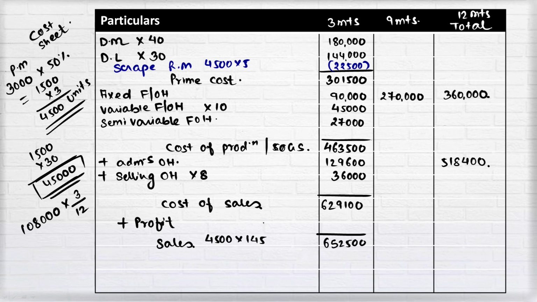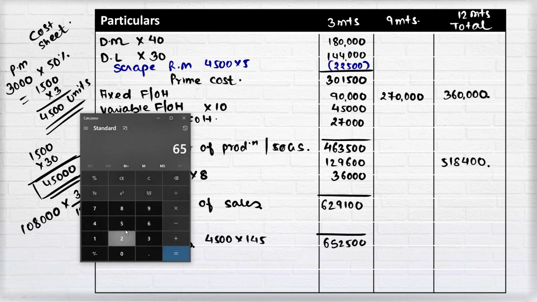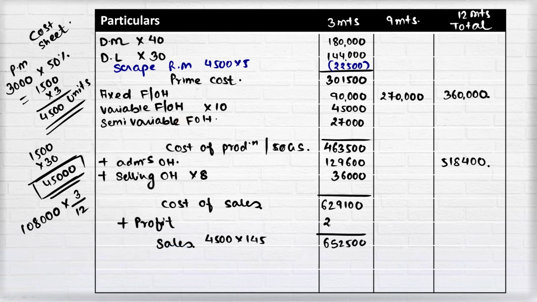And profit will be 652,500 minus 629,100, which is 23,400.